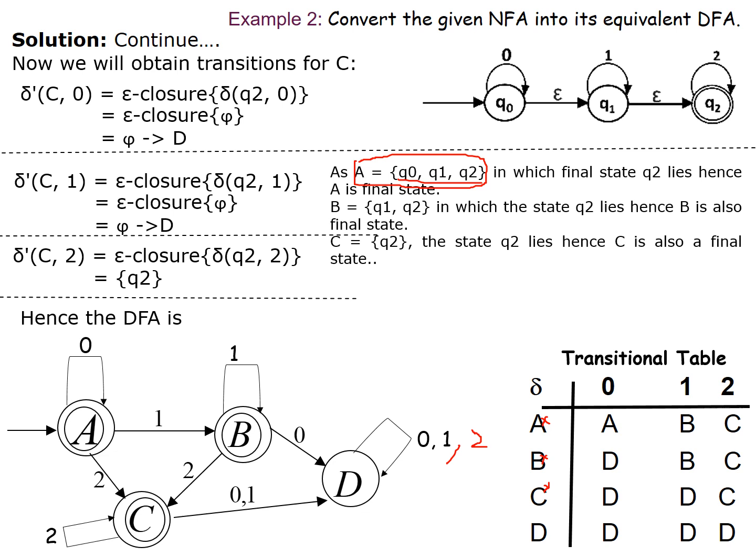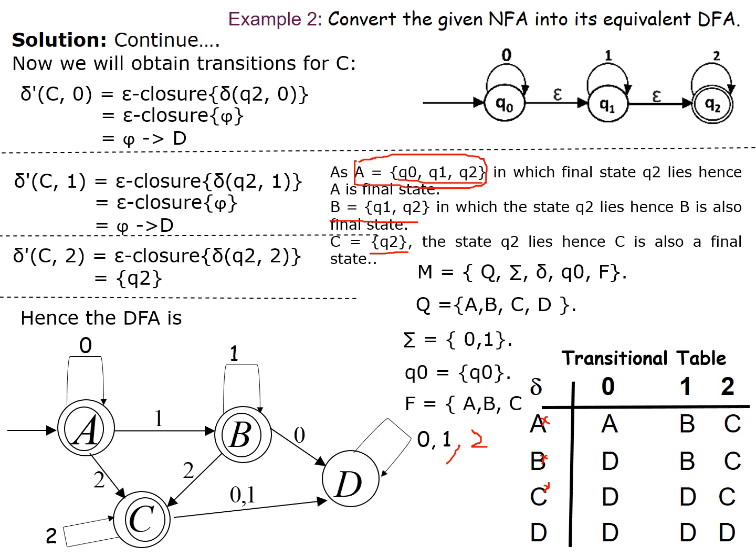Q2 is the final state of the epsilon NFA, so A also becomes a final state. Then why is B a final state? Q2 is also there in this group, so B is also a final state. C is Q2, which is the final state of the epsilon NFA, so C is also a final state. Because of this reason, if any one of the final states lies in the obtained state of the DFA, then that becomes a final state of the DFA. In this case, all of A, B and C are final states of the DFA.